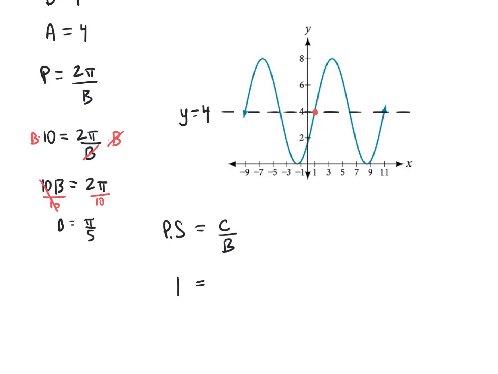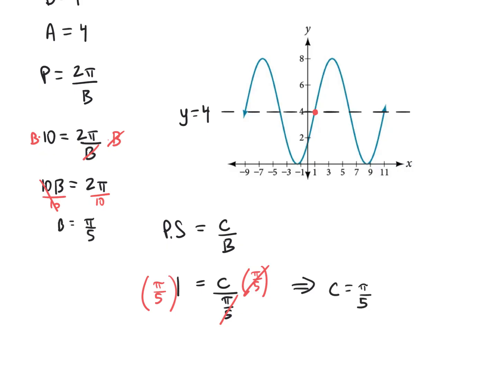And we already know b is pi over 5. So c over pi over 5. Now we need to solve for c. The way you solve for c is you multiply both sides of the equation by the denominator. And that's how you isolate c. So that's just going to be c equals pi over 5. And now we are done.